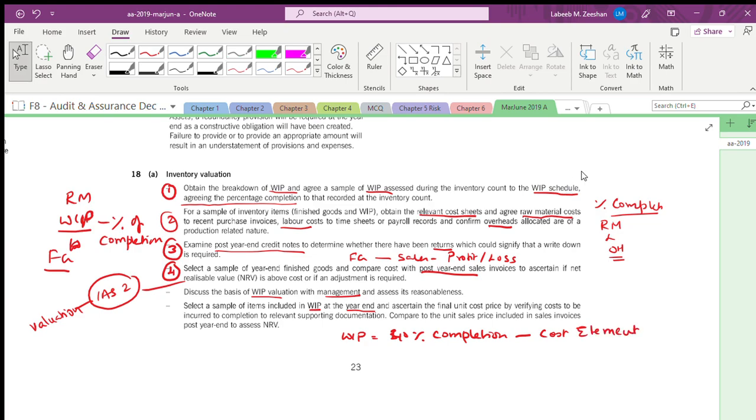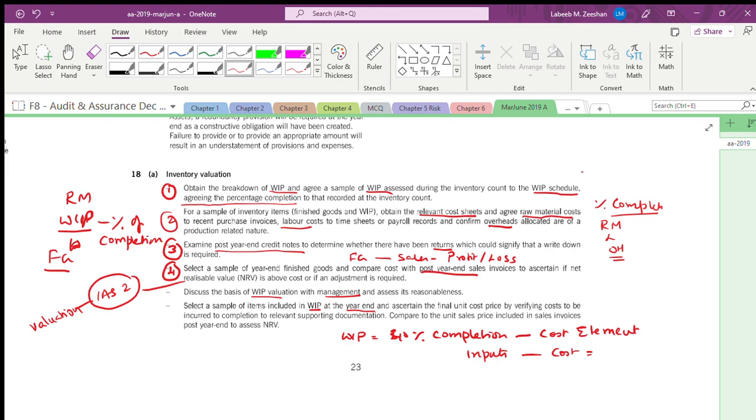Definitely you are comparing, is it right? You are comparing how much is the inputs and how much is the cost. Definitely between the inputs and the cost, there should be a minimum variation. Now what's happening when we are talking about the work in progress?